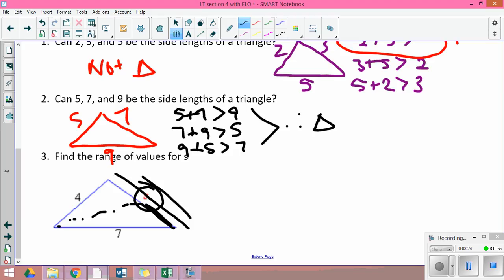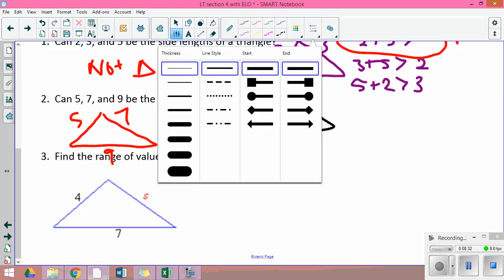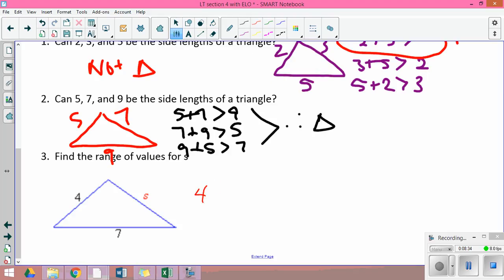So if I go ahead and set up those three relationships, I would set up that 4 plus S must be greater than 7, S plus 7 must be greater than 4, and 4 plus 7 must be greater than S.